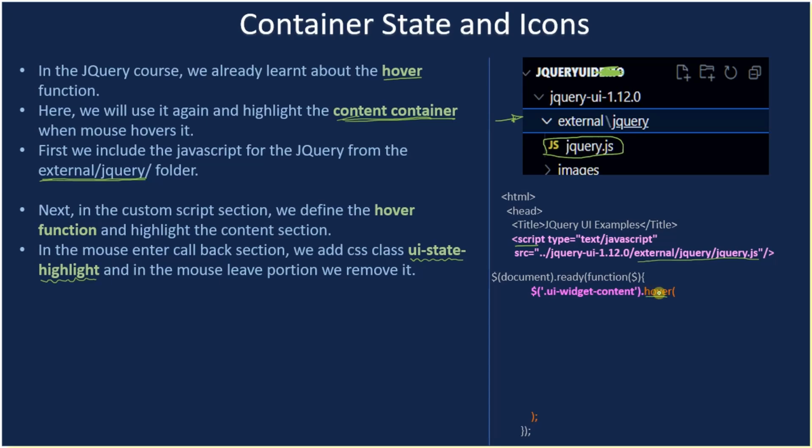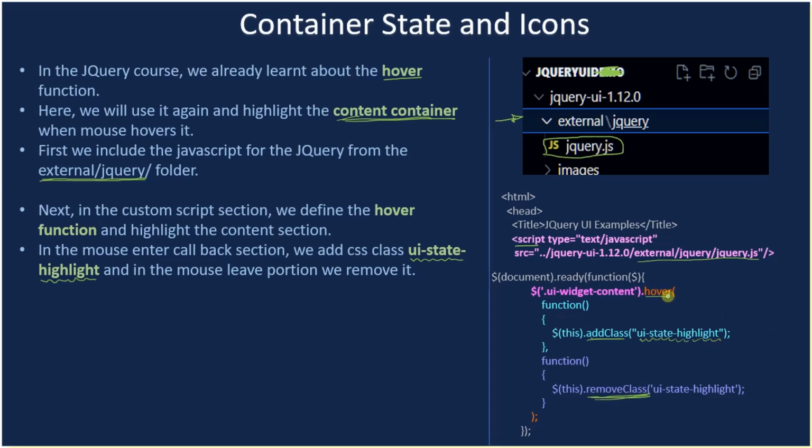Then when the mouse enters we are making use of the addClass method, and we supply ui-state-highlight. This is the CSS class that will be defined inside the CSS files of the jQuery UI theme folder. So when the mouse enters, we are making use of addClass, and when the mouse leaves, we are making use of removeClass here.